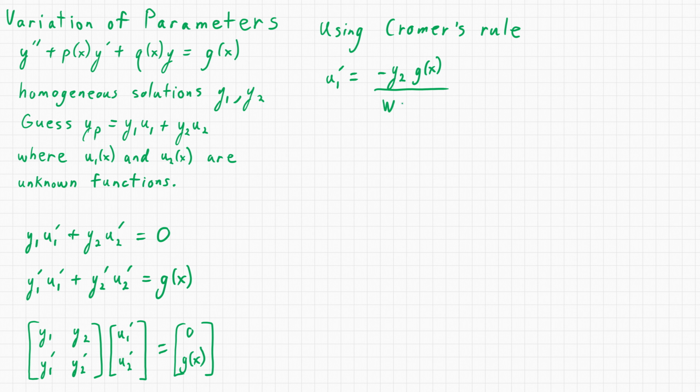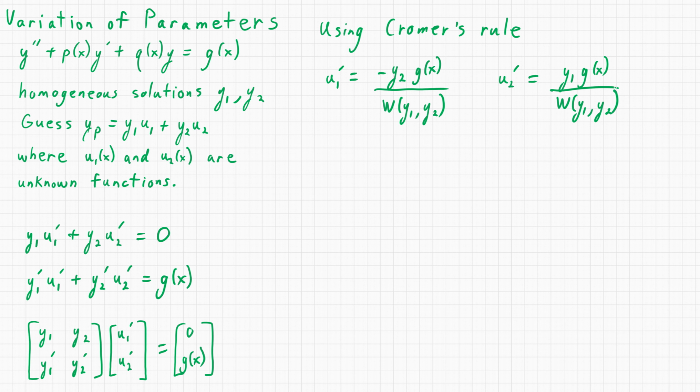So it's just the Wronskian of y1 comma y2, and we have u2 prime is equal to y1 times g of x over the Wronskian of y1 and y2.